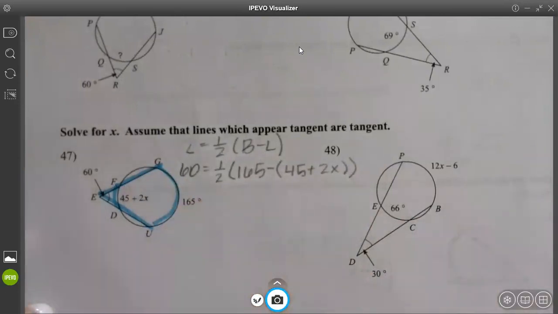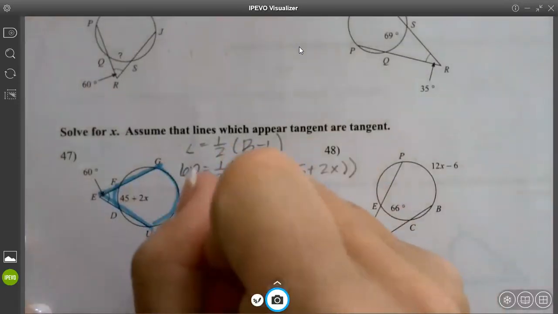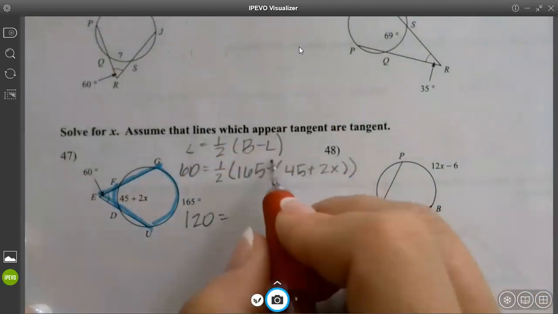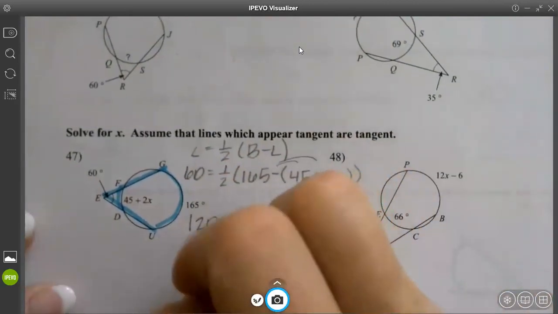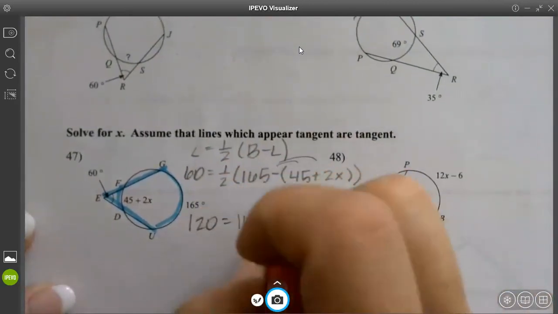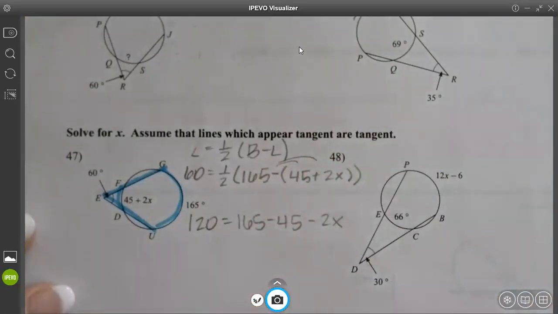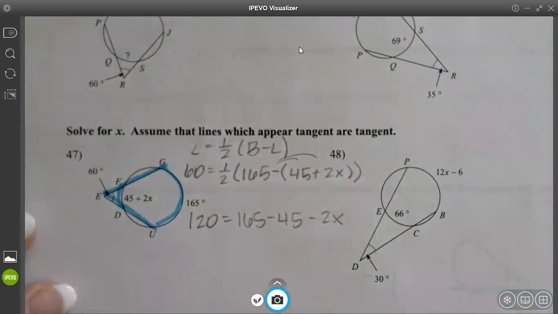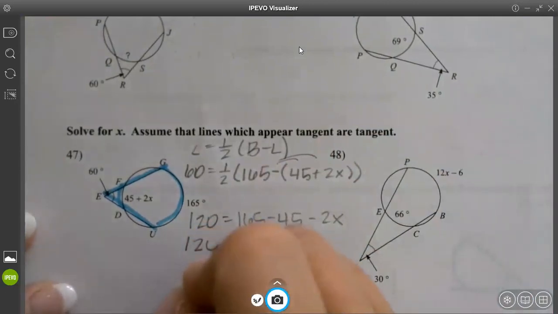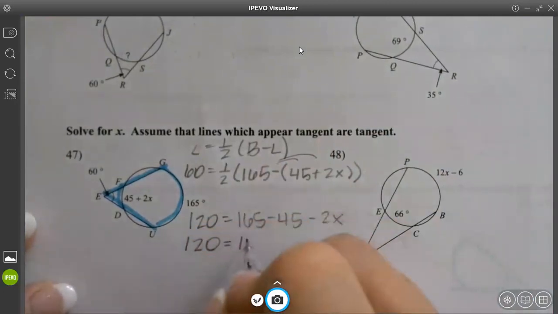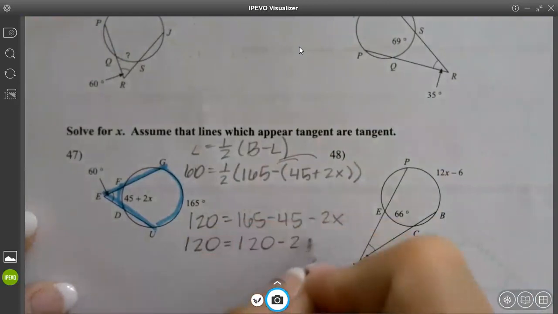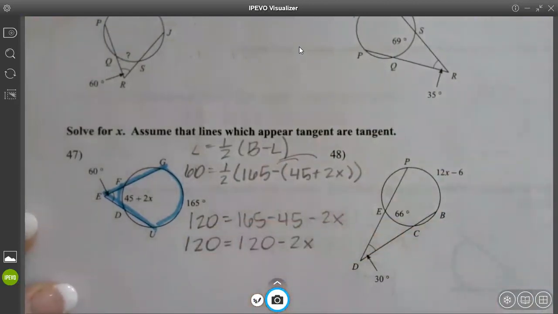I'm going to go ahead and multiply the 2 to get it out of the way. So I get 120 equals, distribute your negative, 165 minus 45 minus 2x. 165 minus 45 is 120 minus 2x.